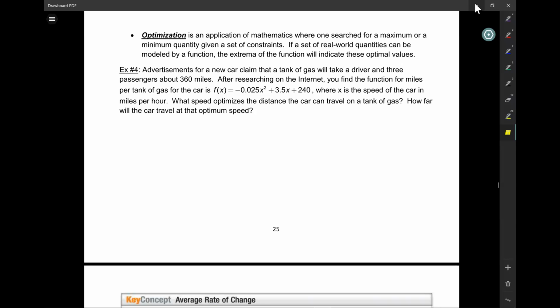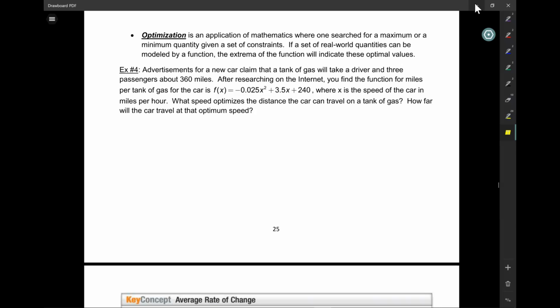Optimization is an area of mathematics where one is looking for a maximum or a minimum quantity given a set of conditions. So for example, you have to construct a cup out of this material that can hold 10 fluid ounces, but you have to use the least amount of cardboard possible, in order to minimize cost or maximize profit.